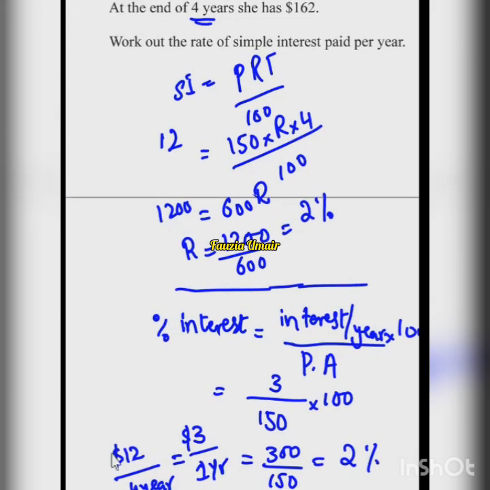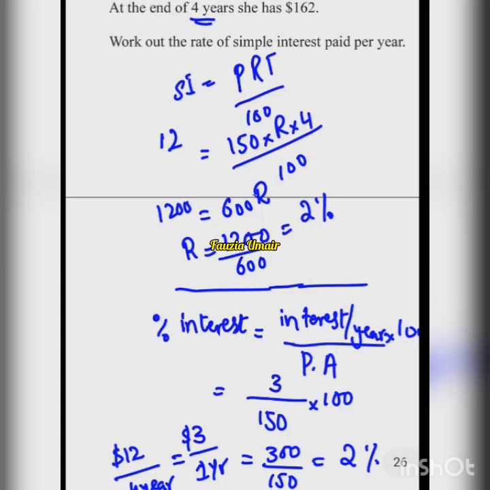So the total interest she's getting in 4 years is $12. So in 1 year, she's getting $3 as an interest. Okay? So interest per year is $3. So that's why we are using 3 here. Right? So these are two different methods. If the first method is making more sense to you, use that method.